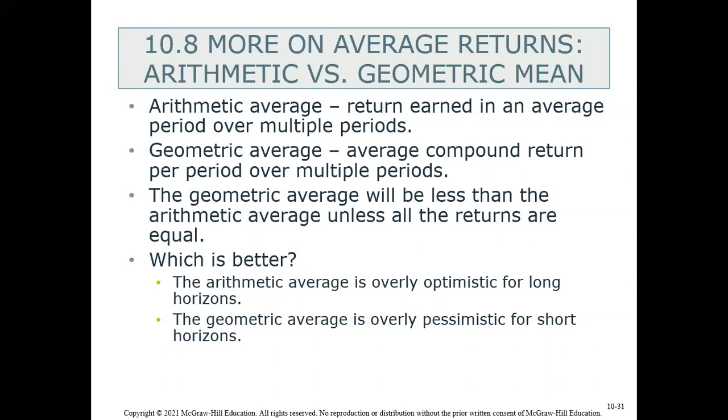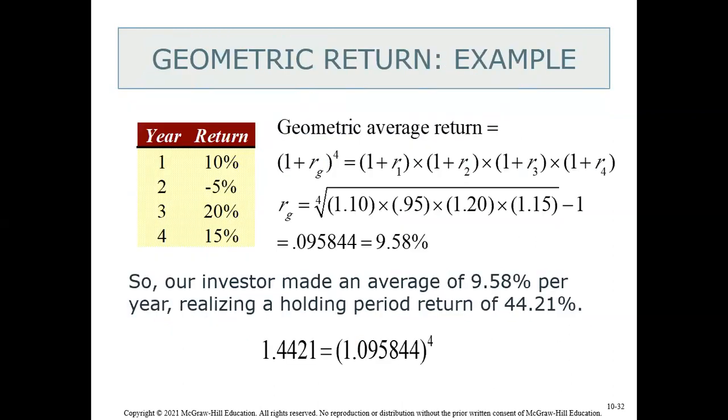So with the geometric one, we are looking at compounding, not just an individual return each year. Which is better? The arithmetic average is overly optimistic, but the geometric is overly pessimistic. So we get our two extremes. The arithmetic is better for long horizons, and the geometric is better for short horizons.